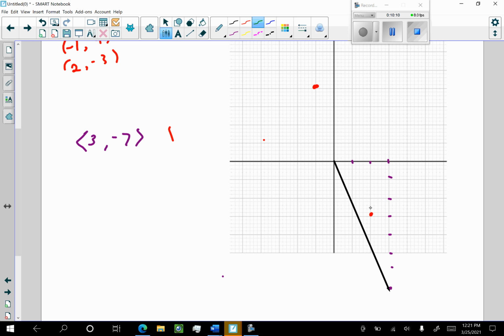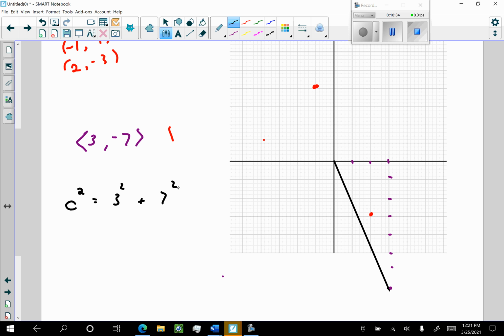So now let's find the magnitude of that vector, and that's going to be pretty straightforward. All we're really doing is using the Pythagorean theorem. So c squared equals 3 squared plus 7 squared.